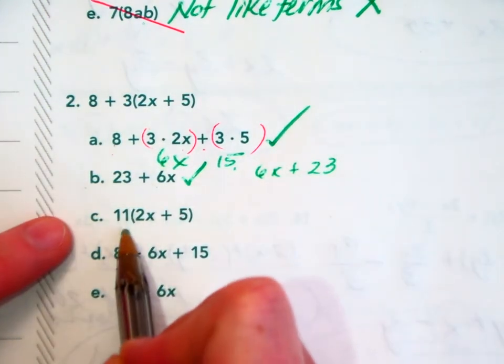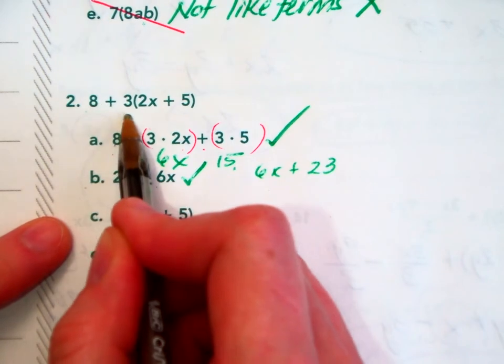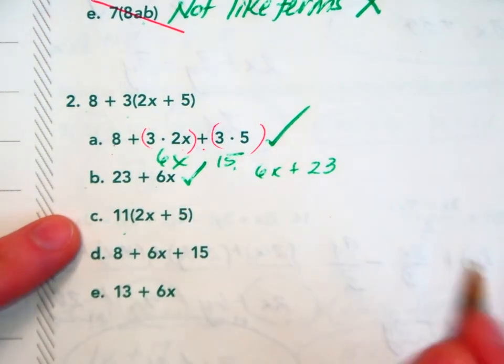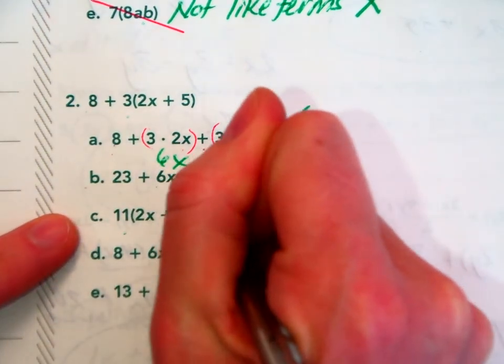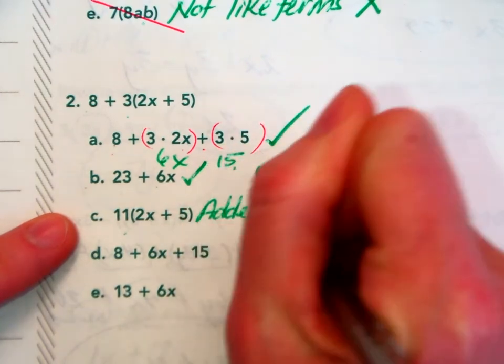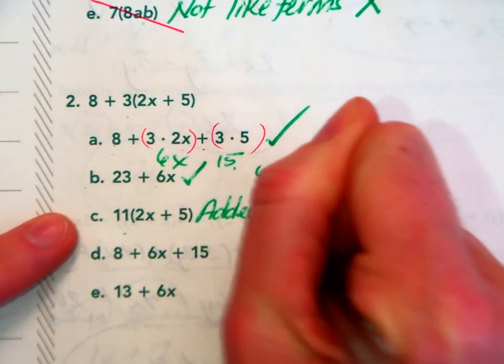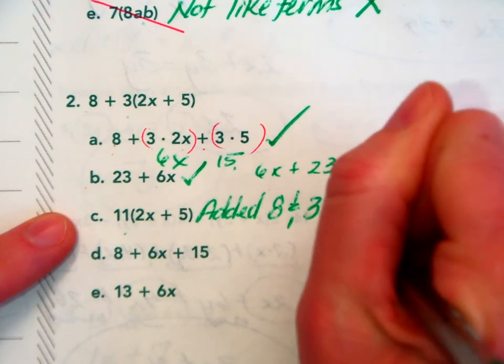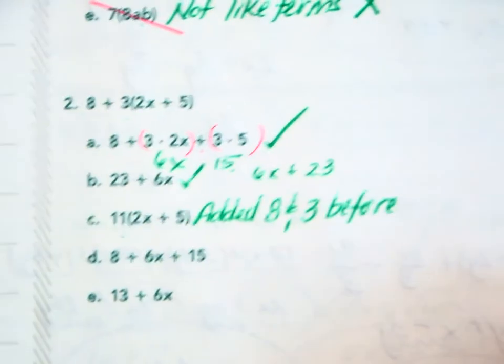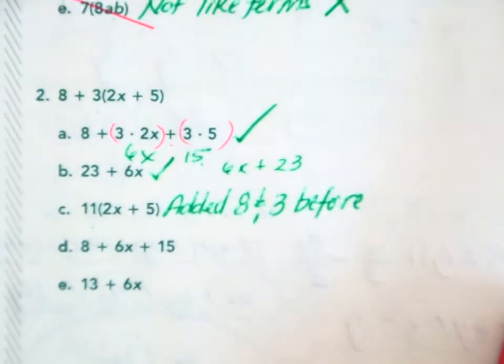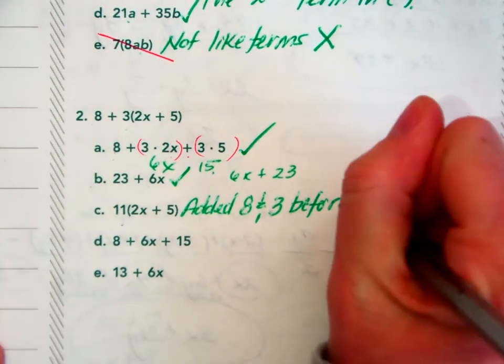What did they try here? They tried to add the 8 and the 3 before multiplying. That won't work.